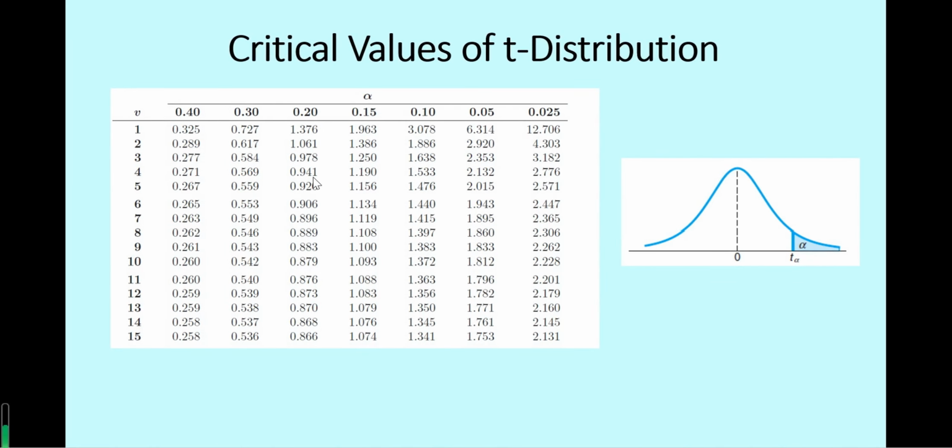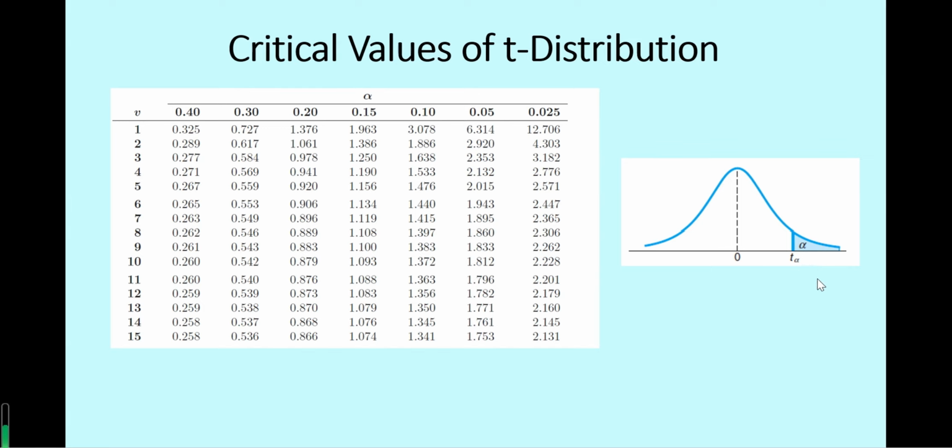Now this table is called the t-distribution critical values table. So this, for example, is the t alpha here. We usually use t alpha as the critical value for the test of a population mean.